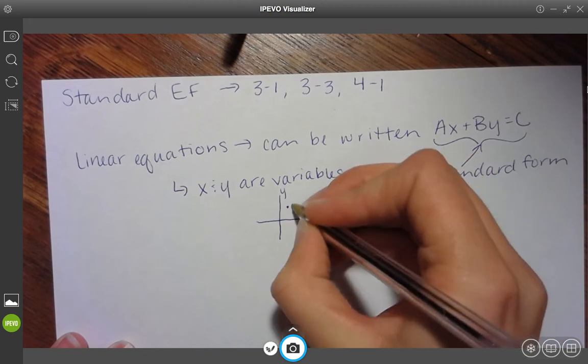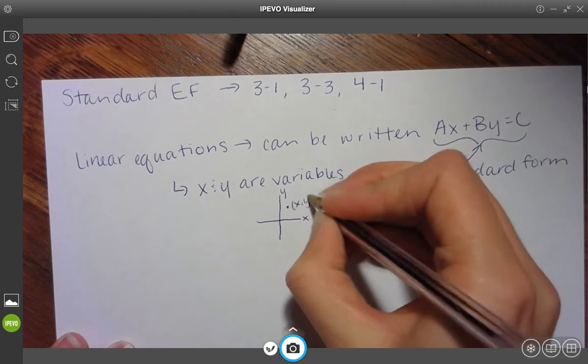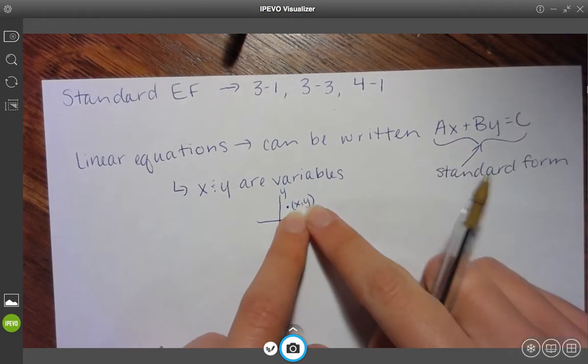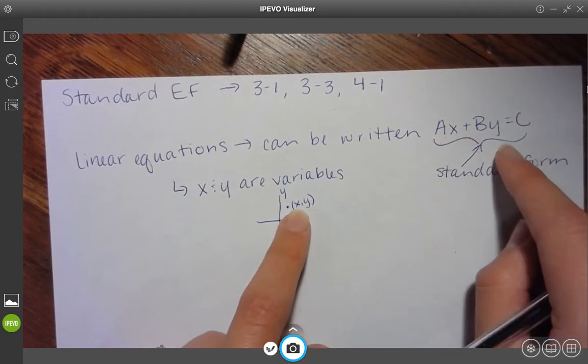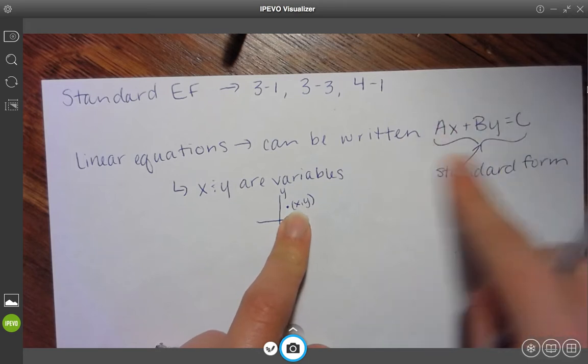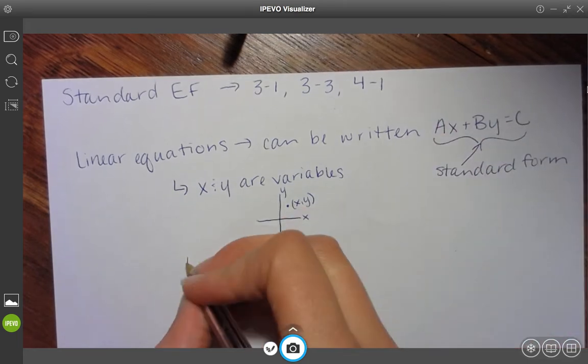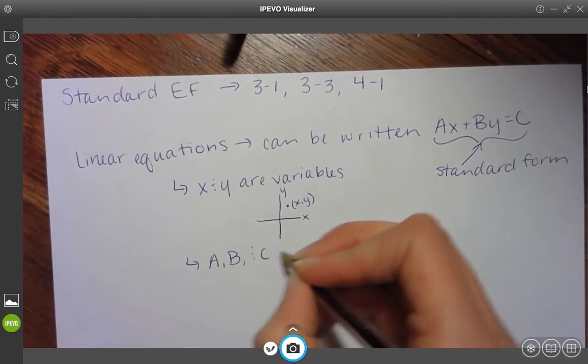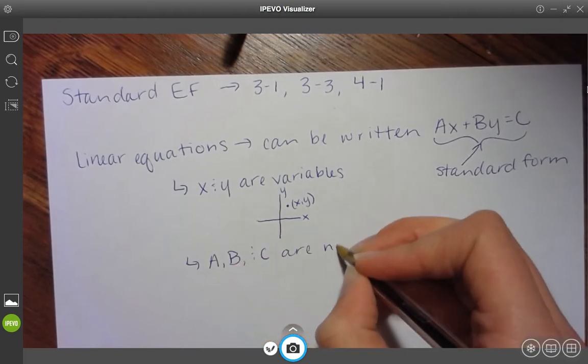Any point has an x value and a y value. The numbers in your point, x, y, are solutions to your linear equation, the x value and y value that make this true. And then a, b, and c are just numbers.